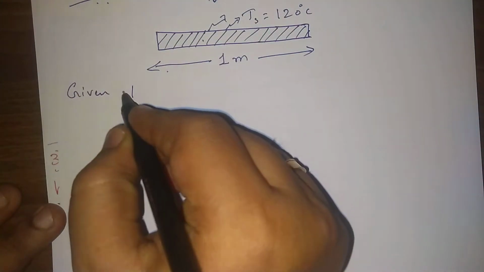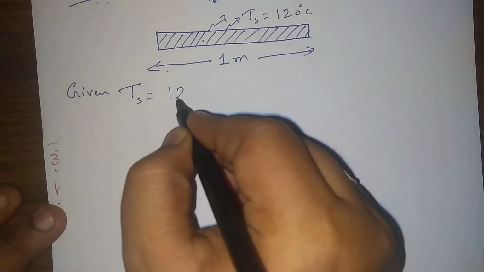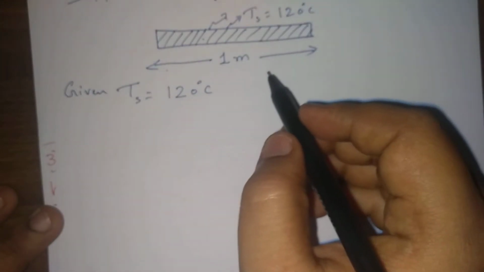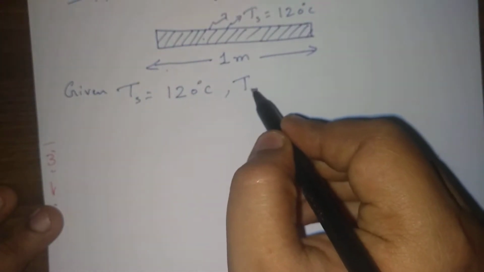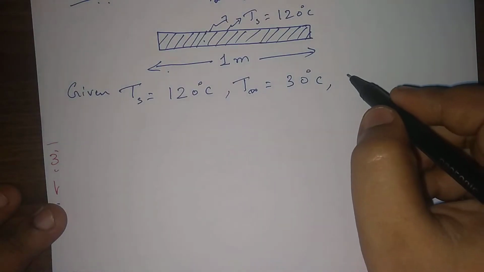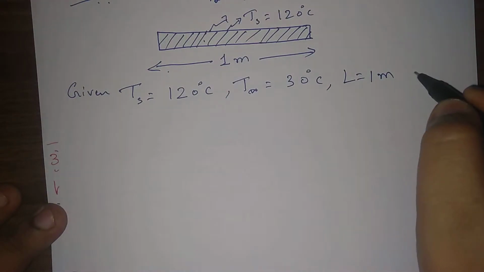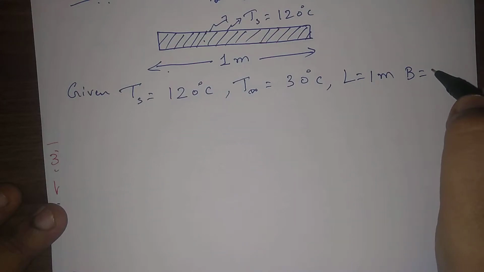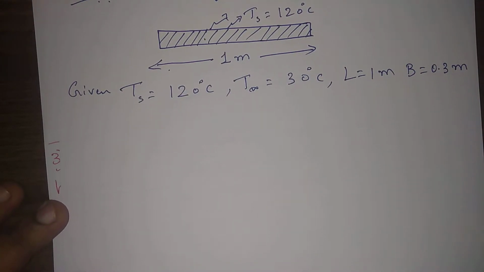Ts is equal to 120 degrees centigrade, T infinity equal to 30 degrees centigrade, length equal to 1 meter and breadth equal to 300 mm, so it is 0.3 meter if I am not wrong.